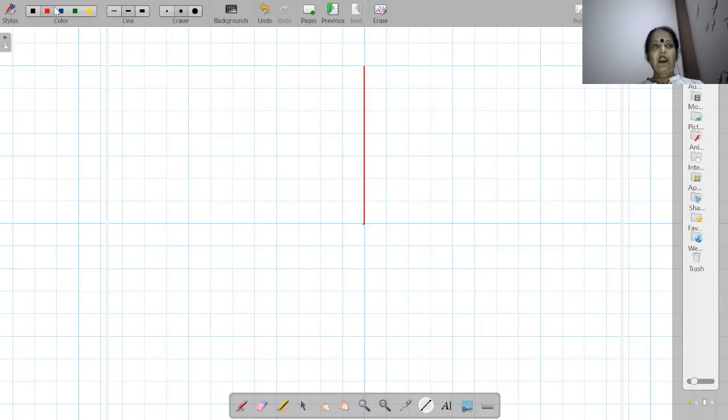Now let's see how we will do the plotting of points in the first quadrant. Suppose that this is the x-axis, as we have already discussed, and this is the y-axis and this is 0. Only we will talk about the first quadrant.